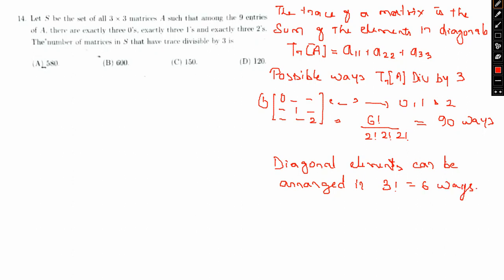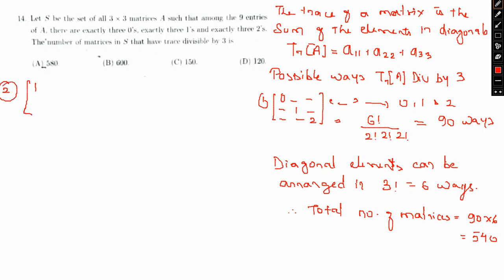Therefore the total number of matrices is 90 into 6, or 540 matrices.